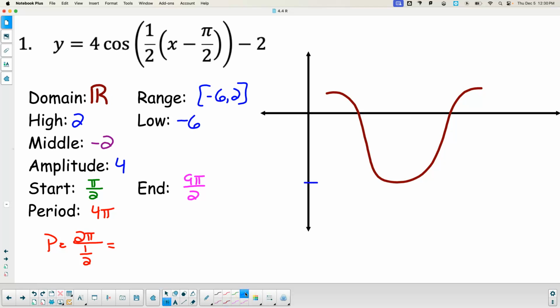Because down here is -6, up here is +2, and the middle here is at -2.